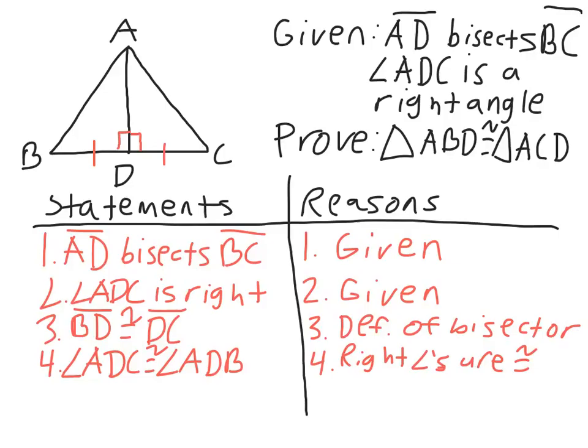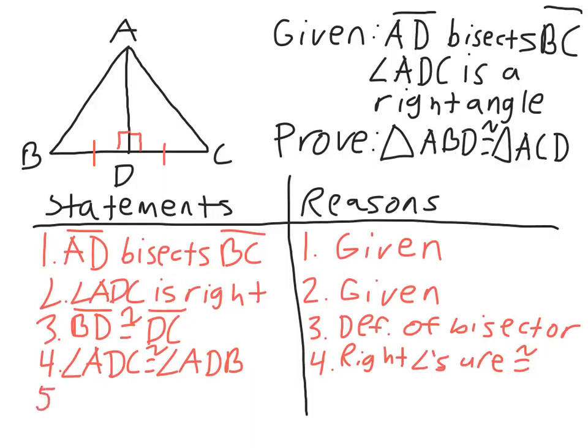Now, we've got a set of sides congruent, we have a set of angles congruent, we need one more thing to be congruent. Well, notice that in these two triangles, they both share this side. So this side is congruent to itself.